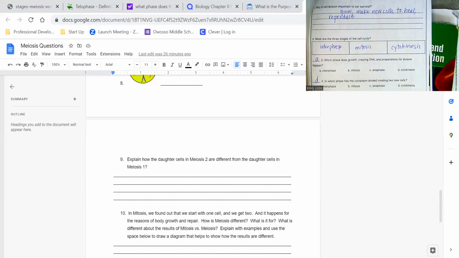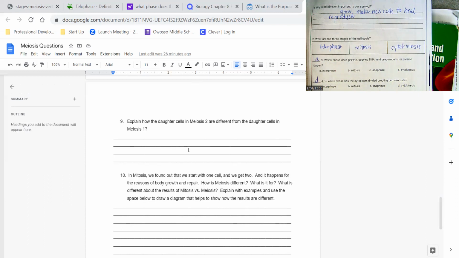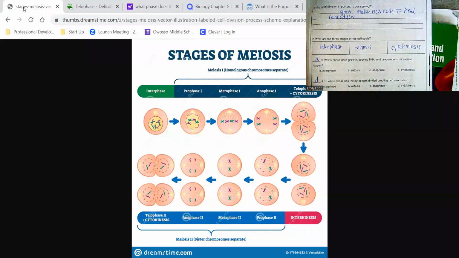Now we need to explain how the daughter cells in meiosis 2 are different from the daughter cells in meiosis 1. Give this a try. Be sure you said the daughter cells in meiosis 2 are different than those in meiosis 1 because... Well, we could just look at these stages, right?